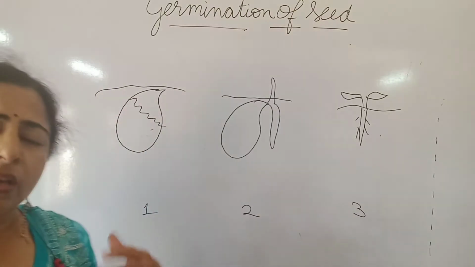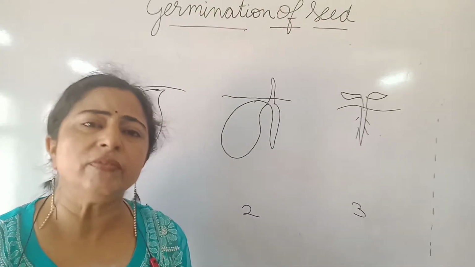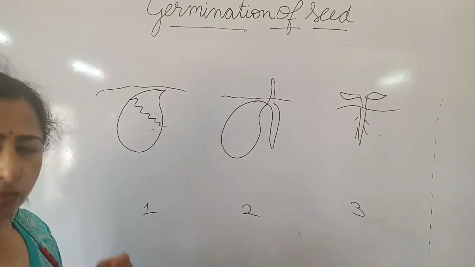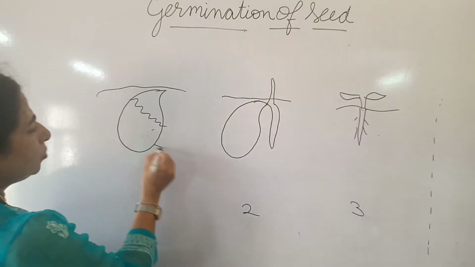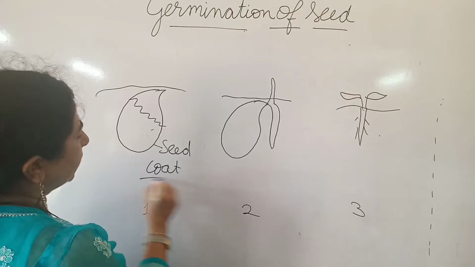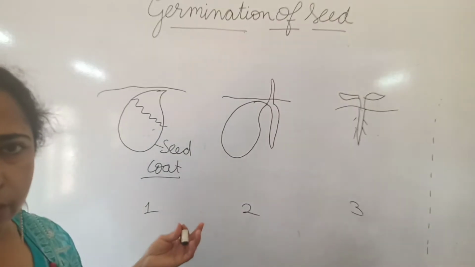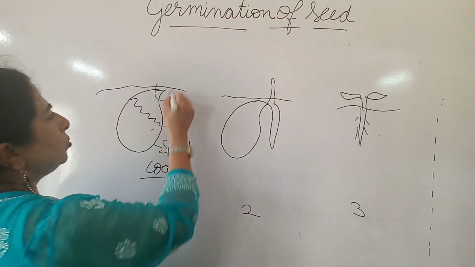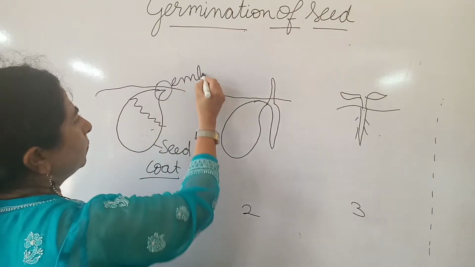Now when we water the soil, what happens? The seed absorbs water, and the seed coat is broken and finally removed from the seed. And then the seed, as you know, this is called the embryo.